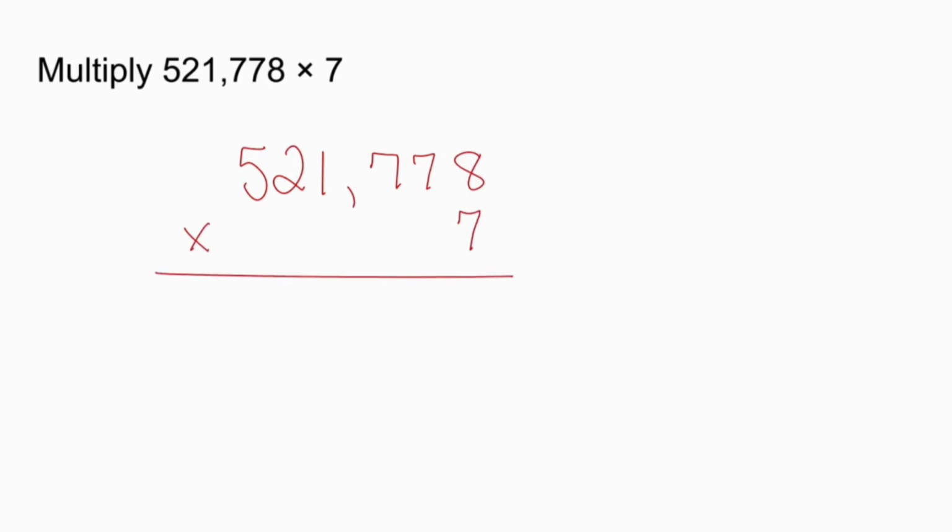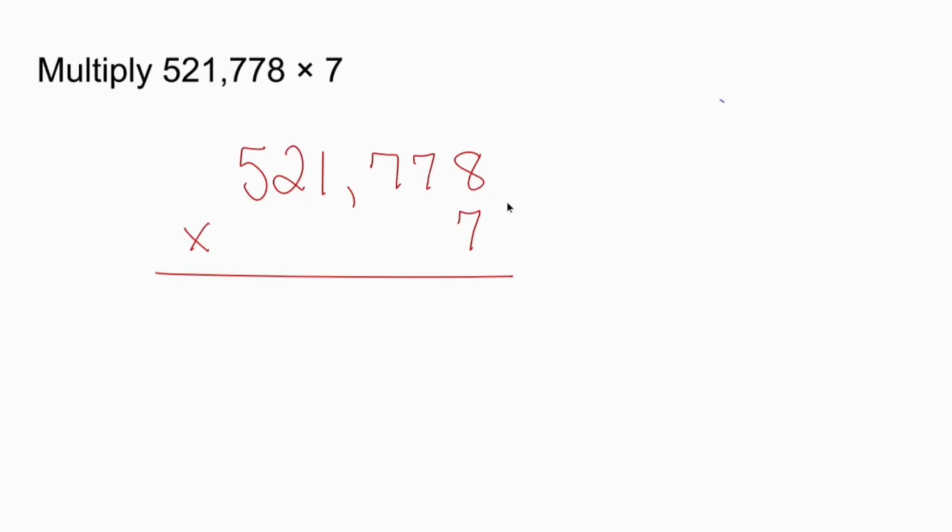Multiply 521,778 times 7. Let's write this out in the standard algorithm. So 5, 2, 1, comma, 7, 7, 8. And we're going to multiply that to 7. Whenever we're multiplying a large number to a single digit, we're going to take the digit down here and multiply it to every digit up here, right to left, remembering that we're probably going to have to carry over.